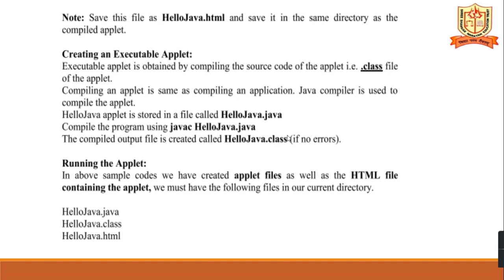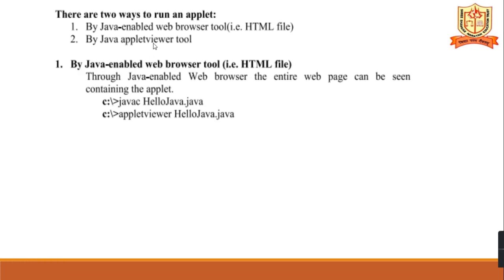After the .class file is created, you have to run the applet. To run the applet, you have to use the applet viewer. So you can use appletviewer hellojava.java or appletviewer hellojava.html. There are two ways to run the applet: by a Java-enabled web browser tool or the Java applet viewer tool.